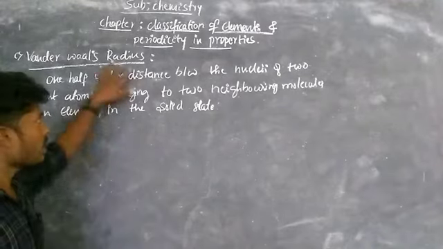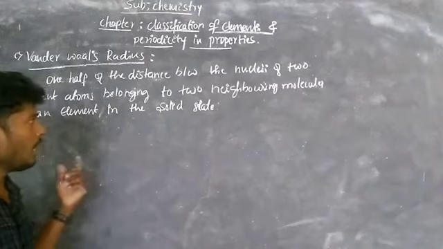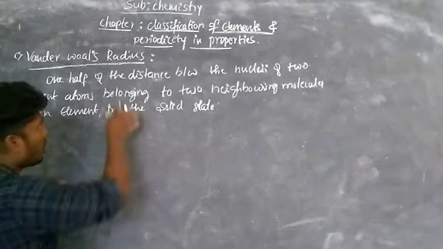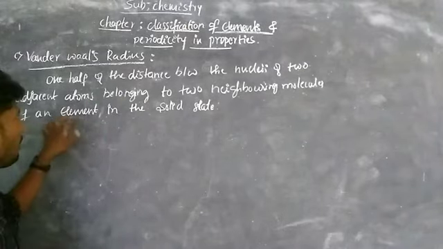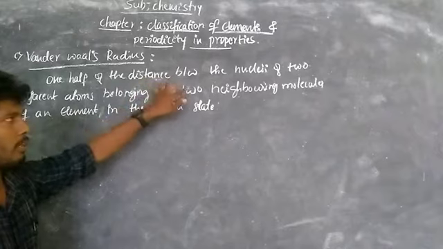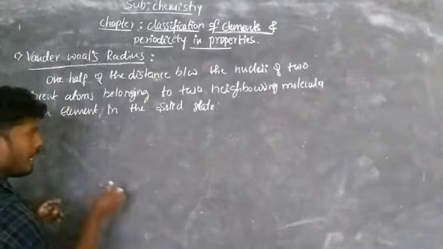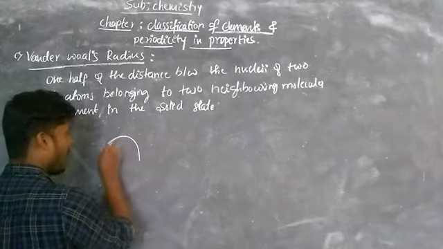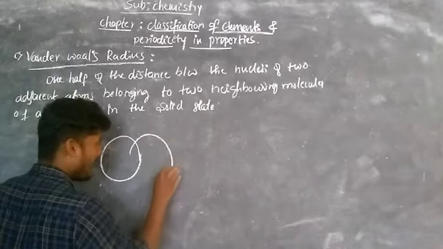See here, this Van der Waals radius is a type of hydrogen bond. To understand the Van der Waals radius concept, it is one half of the distance between the nuclei of two adjacent atoms. Let's take two adjacent atoms. This is one atom which is bonded to another adjacent atom.